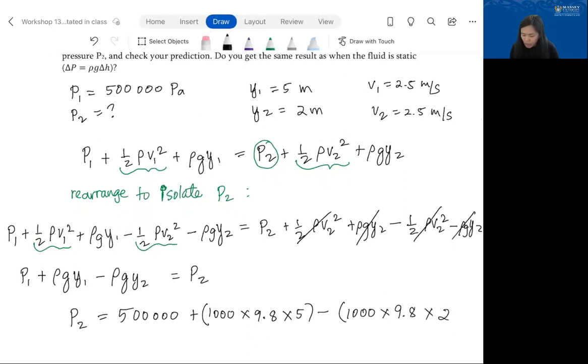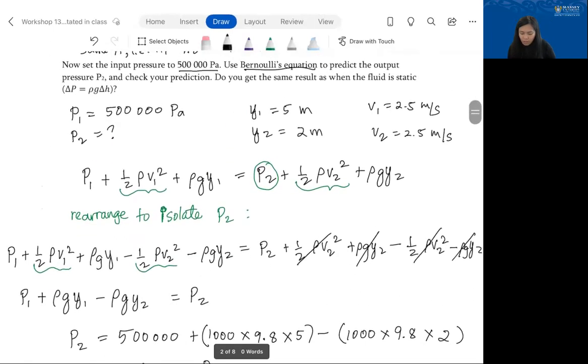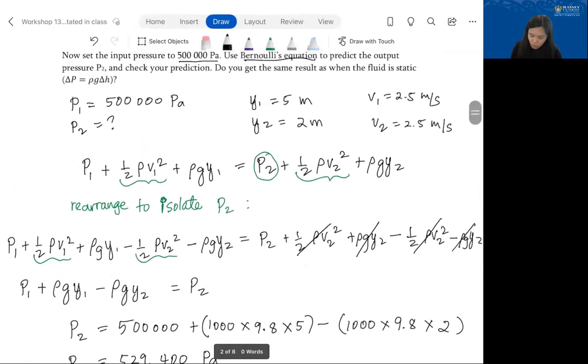The new height is 2 meters as given in the problem. So your P2 will be equal to, if you do the calculation, 529,400 pascals. Okay. So that's the P2.